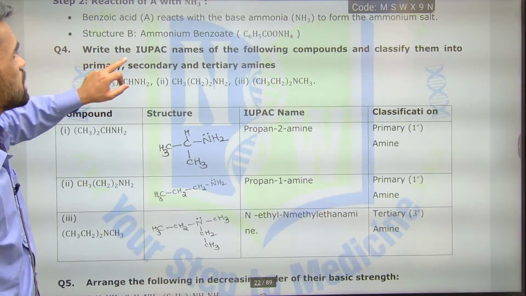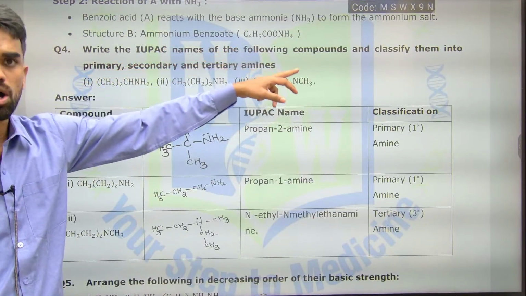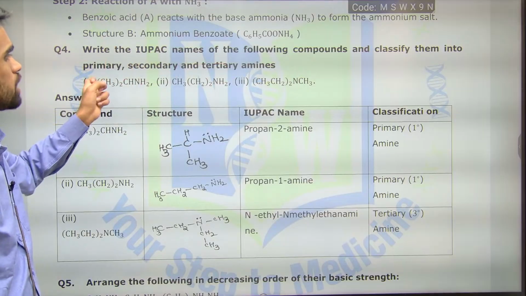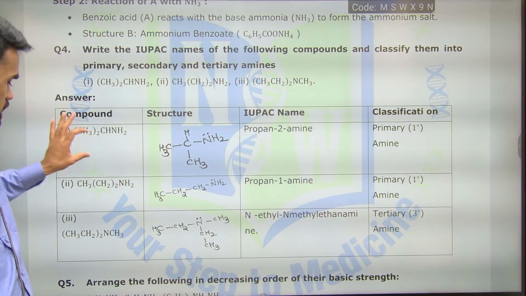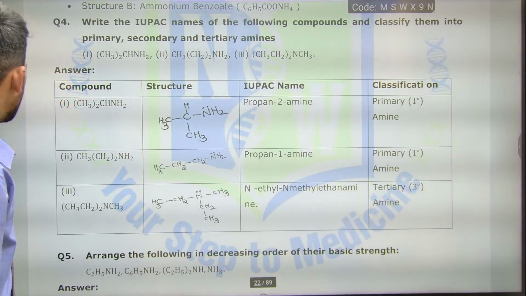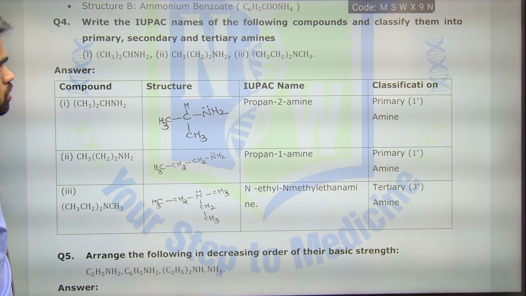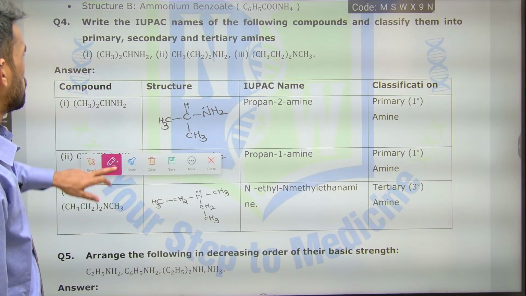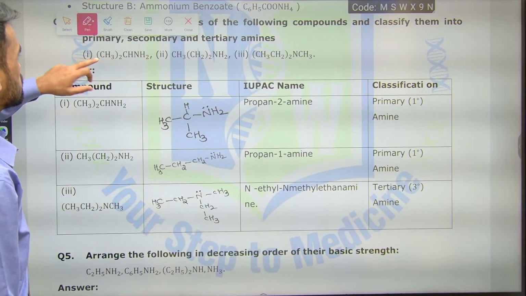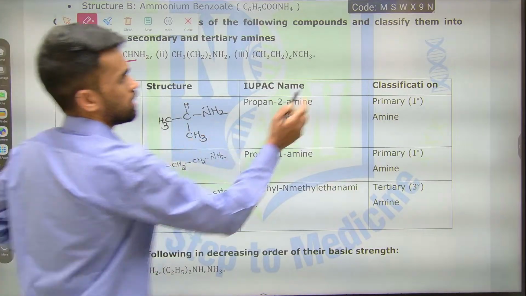The next one is: write the IUPAC names of the following compounds and classify them into primary, secondary and tertiary amines. Again it is easy, I will tell you the tricky way. First write the structure. You know ammonia, right?